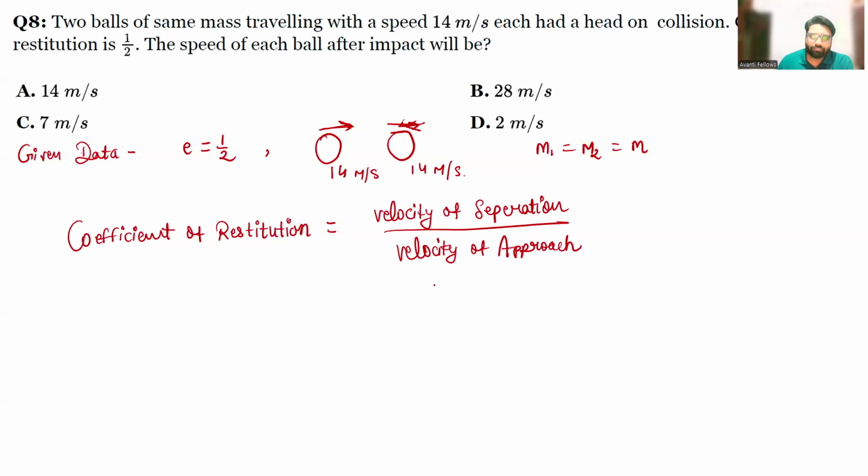Okay. Now, what is velocity of separation? The velocity of separation is defined as the velocity after the collision, and velocity of approach is the velocity before the collision.